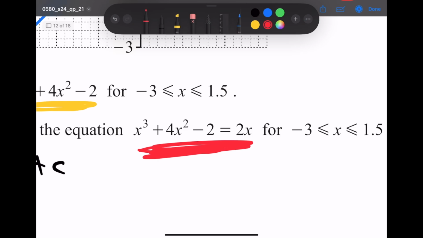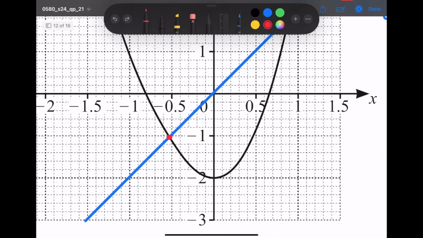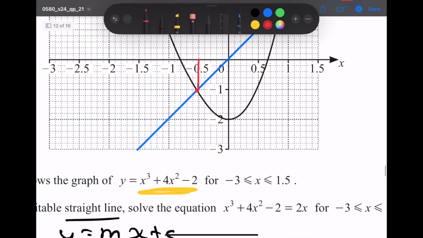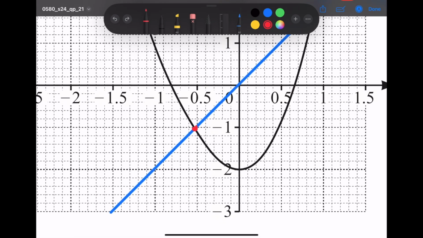Intersection means that they are equal, in this case both the x and the y values. So if you find the 2 x coordinates, where the first one is approximately 0.5 over here, actually if I make an informed guess, I'd say it's more than 0.55.